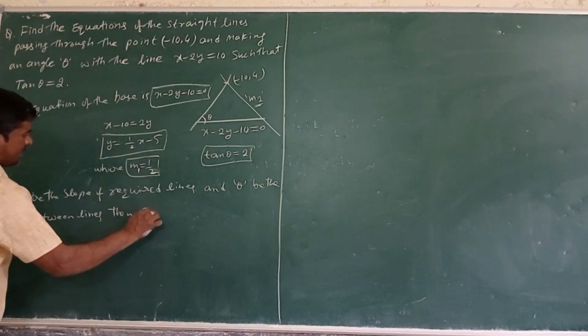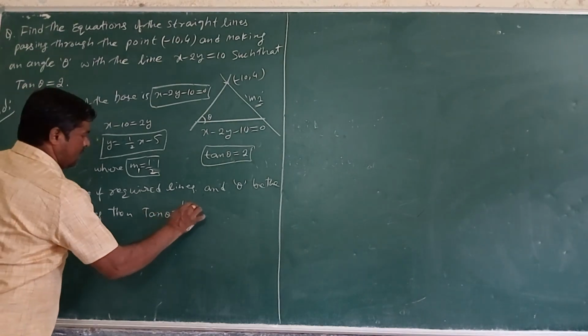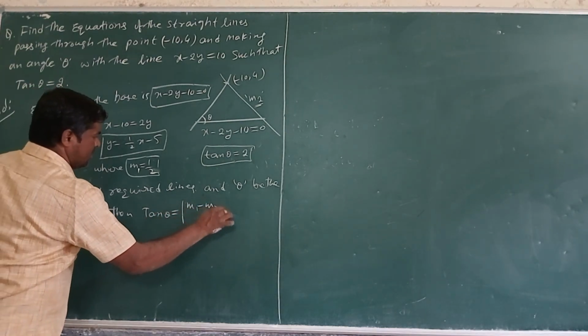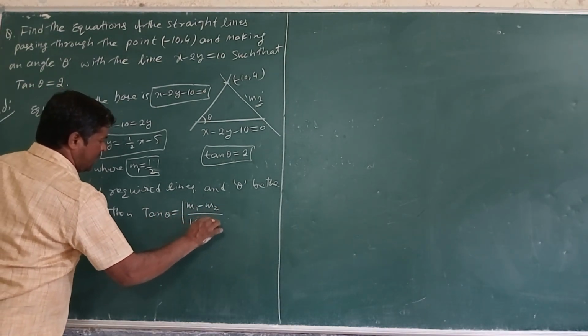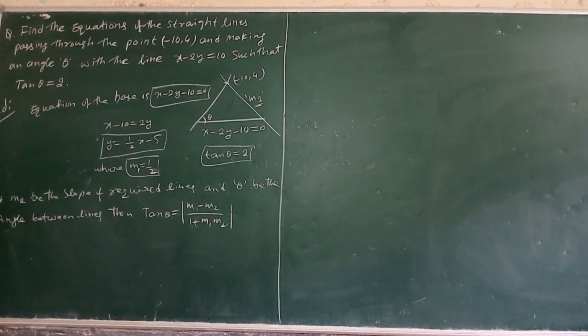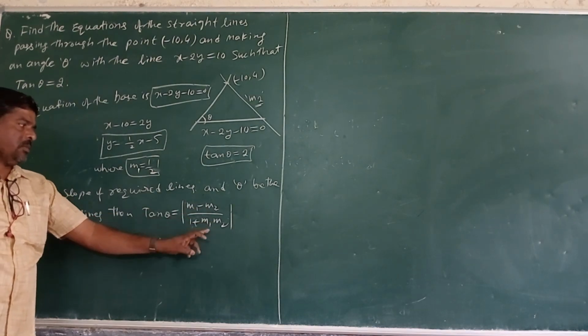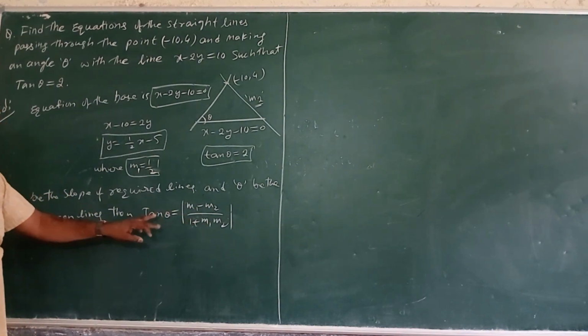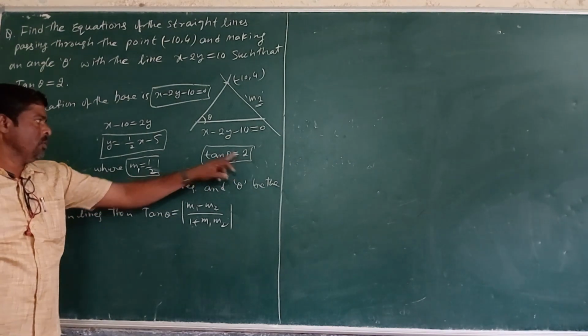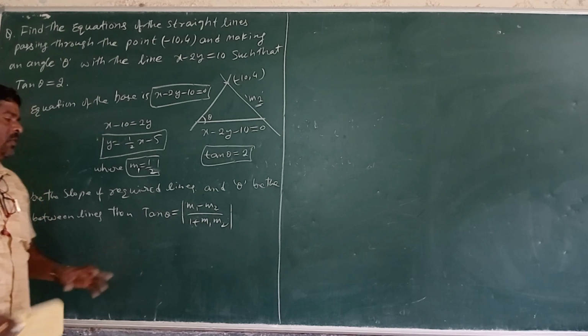Then tan theta equals mod of (m1 minus m2) by (1 plus m1 m2). Here tan theta is 2 and m1 is 1 by 2. Substitute and simplify, we get m2.